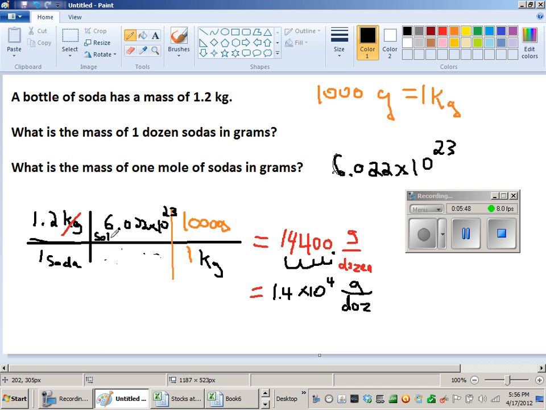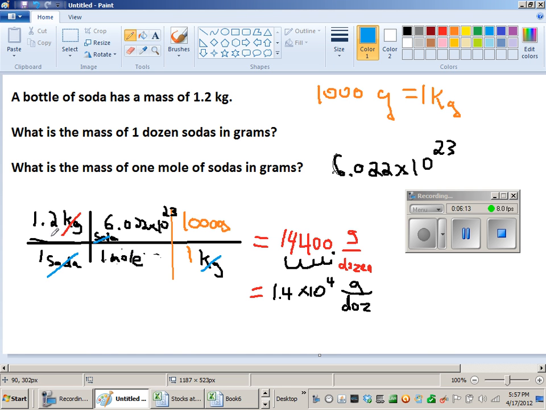So that's how many sodas would be in a mole of soda. Sorry that it's in a separate line. And that's that many sodas per 1 mole of soda. So really the same units kind of cancel out, or similar units cancel out. So I end up getting rid of sodas. I have moles left on the bottom.